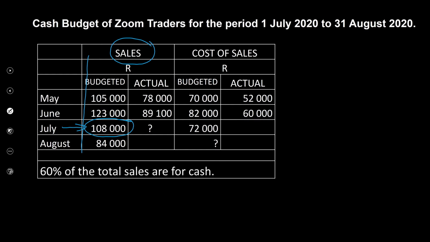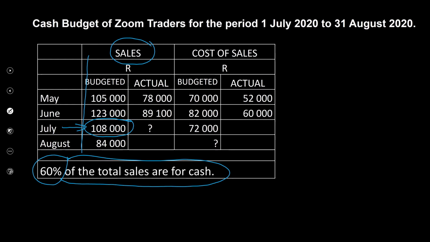108,000 is my total sales figure. I therefore take the 108,000 and I'm told that 60% of total sales are for cash. Immediately telling you that if 60% was cash, then definitely 40% had to be on credit.